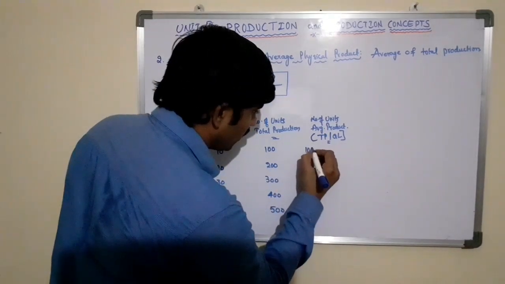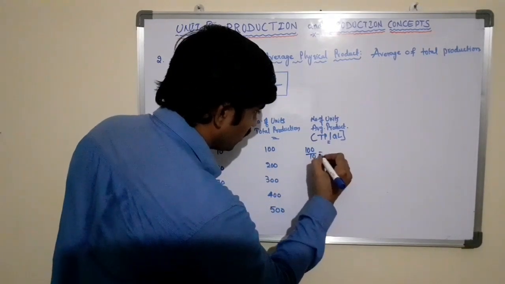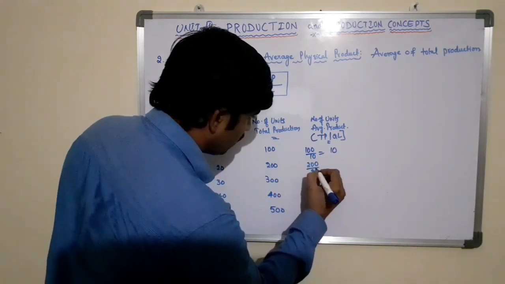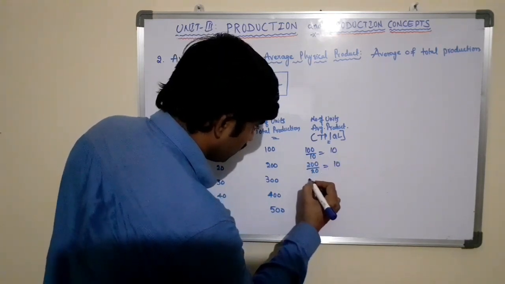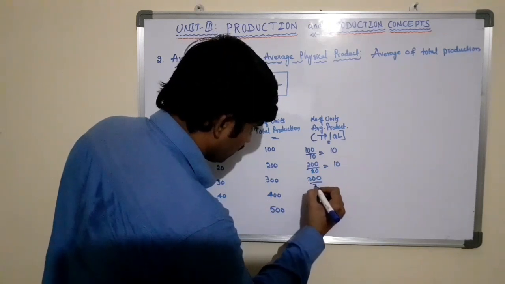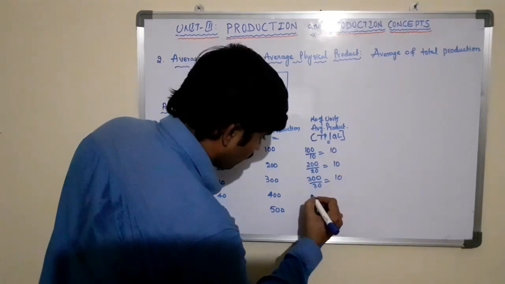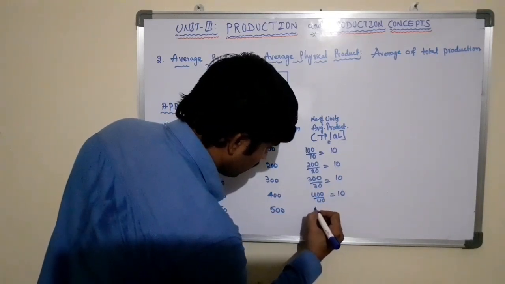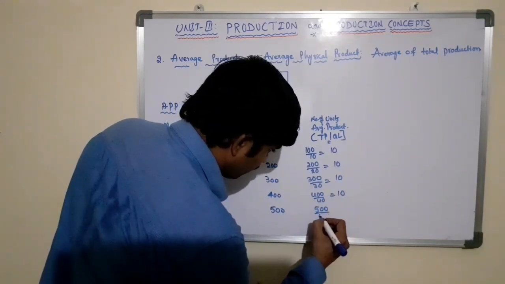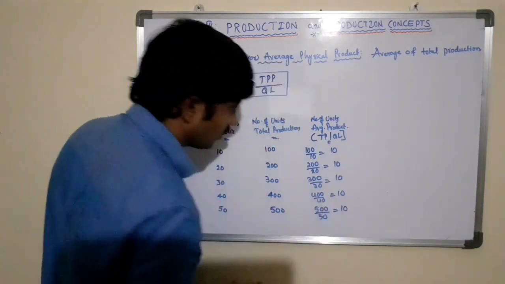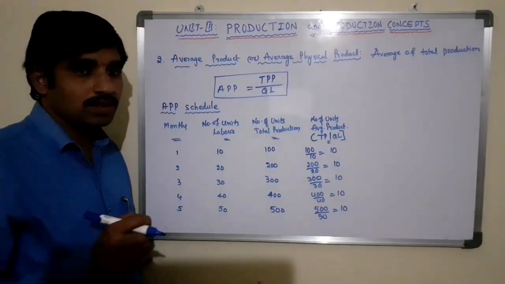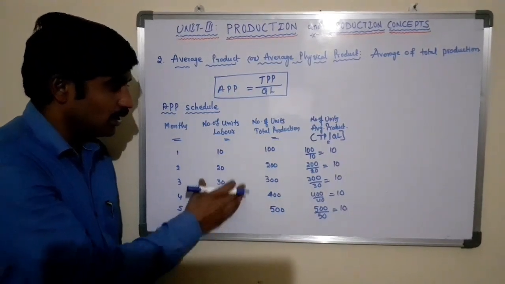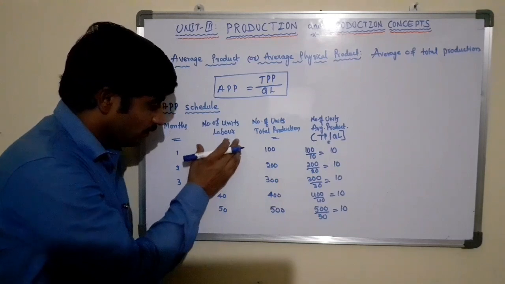Here 100 by 10 equals 10 units, 200 by 20 equals 10 units, 300 by 30 equals 10, 400 by 40 equals 10 and 500 by 50 equals 10.